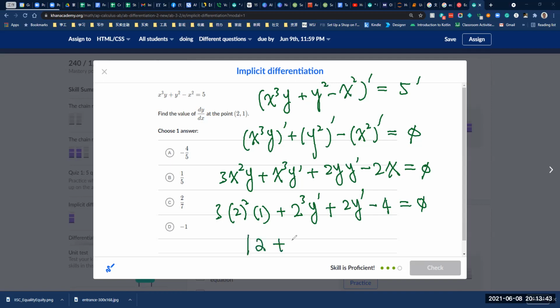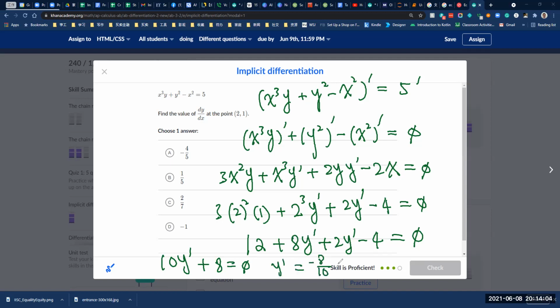Then this is 8y prime. And this 2y prime minus 4 equal to 0. And so we get 10y prime plus 8 equal to 0. So y prime then is negative 8 over 10. Then that's negative 4 over 5.